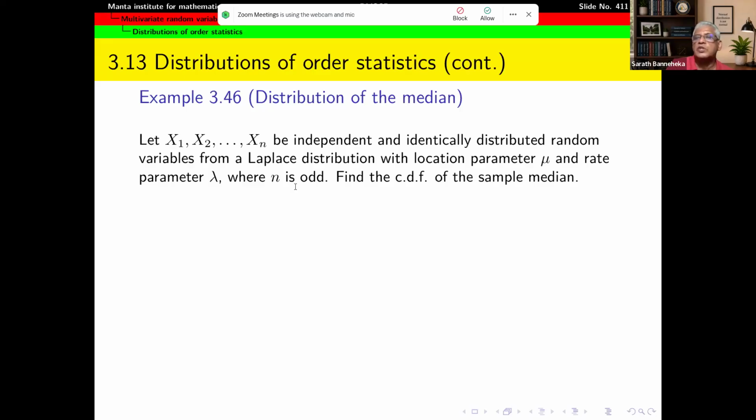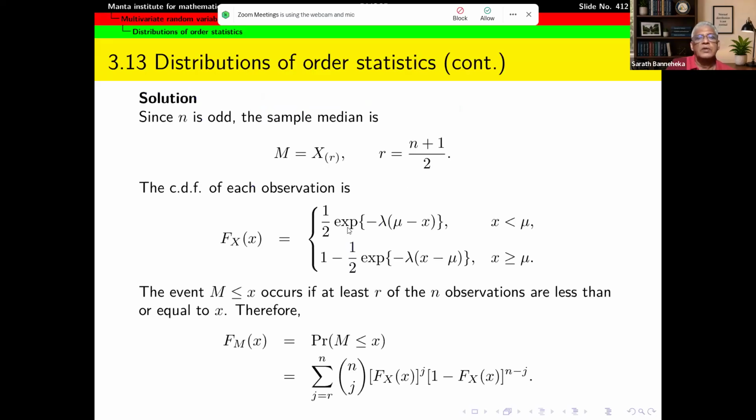The position of the median is (n plus 1) over 2. That will be our R, the order of our order statistic. We want the (n plus 1) over 2th order statistic. Therefore, we want the distribution of X within bracket R.